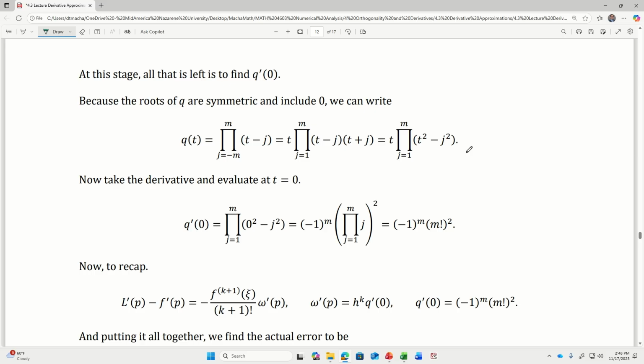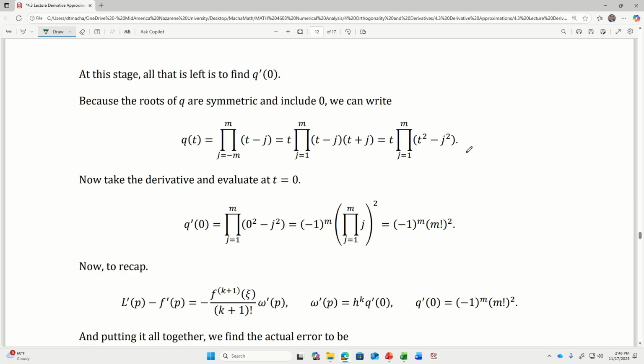So then I've got this product of all these 0 squared minus j squareds. That's a product of a bunch of negative j squareds. So the product of a bunch of negatives becomes this negative 1 to the power m. And the product of a bunch of j squareds becomes the product of a bunch of j's, squared. And that's a factorial.